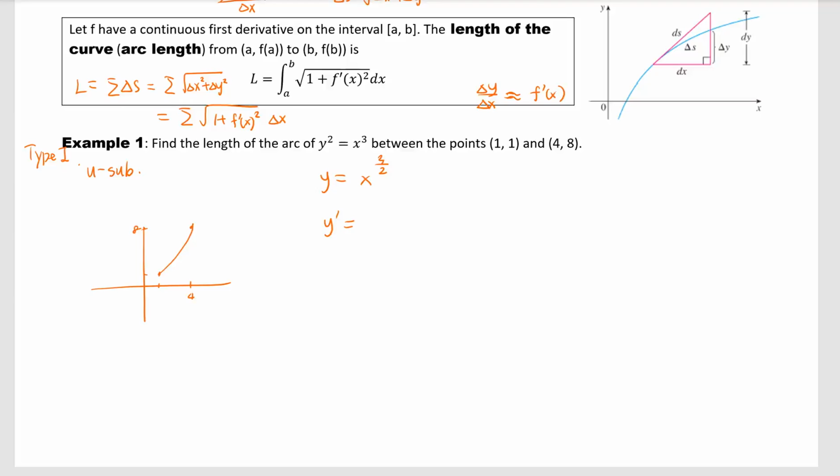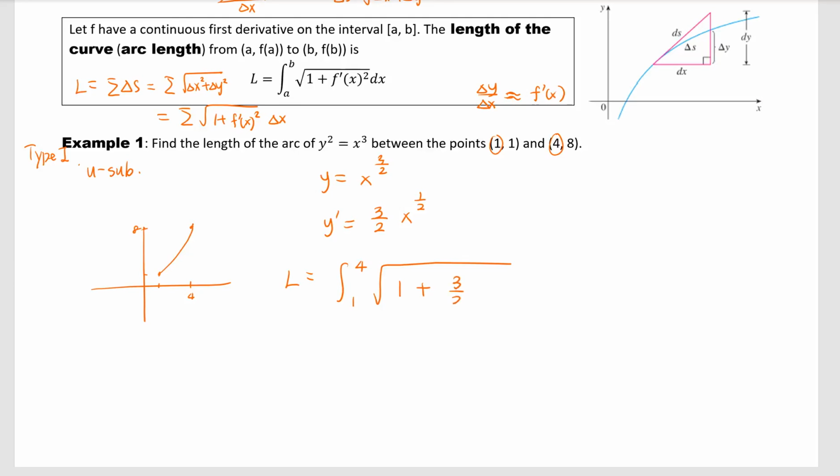When we take the derivative with the power rule, we move the constant down in front and subtract 1 from the exponent. So it becomes x to the 1/2. The outline length, my x goes from 1 to 4, of the square root of 1 plus the derivative squared.